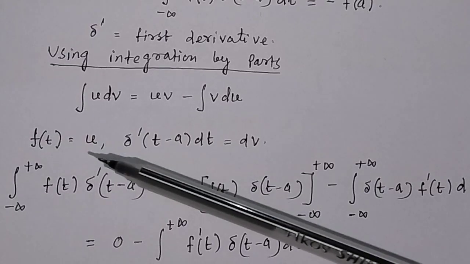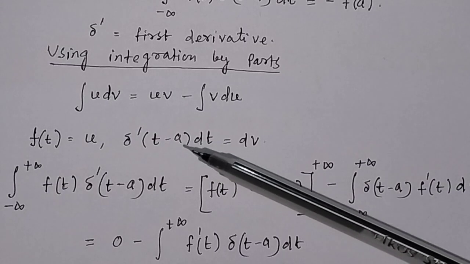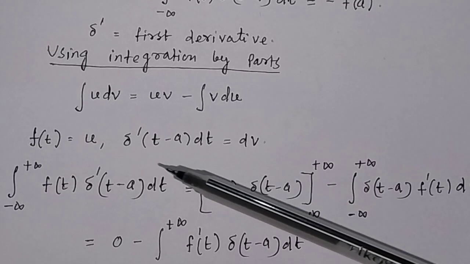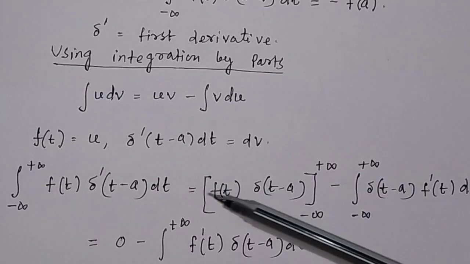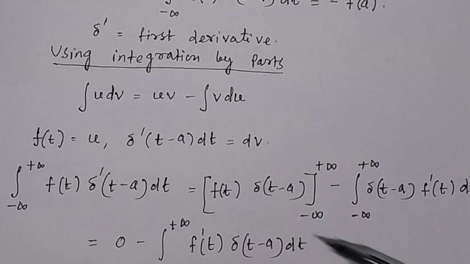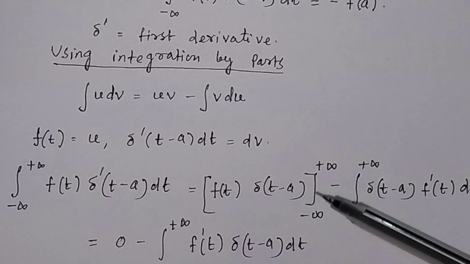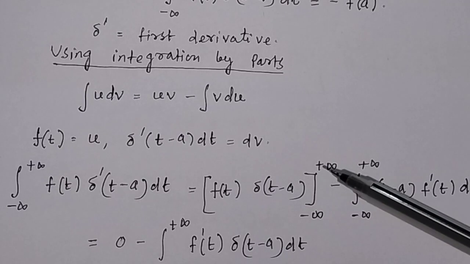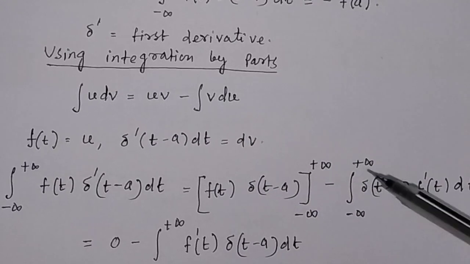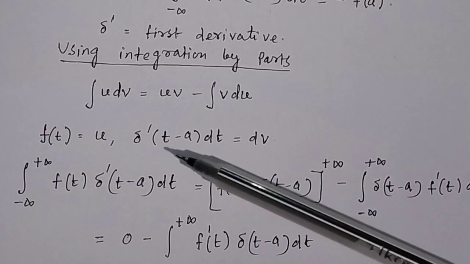uv, that means f(t) times v, where delta dash (t minus a) dt is equal to dv. So if you integrate both the sides, then delta dash will become delta. So v will be equal to delta (t minus a), with limits of integration from minus infinity to plus infinity. Then the second term in the integration by parts will be equal to integration of v du. What is v? Delta (t minus a).